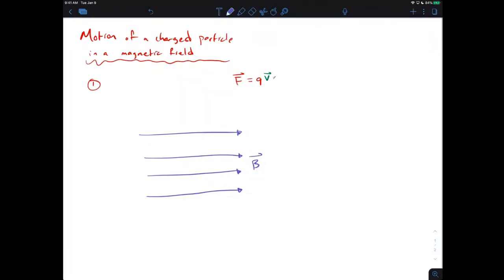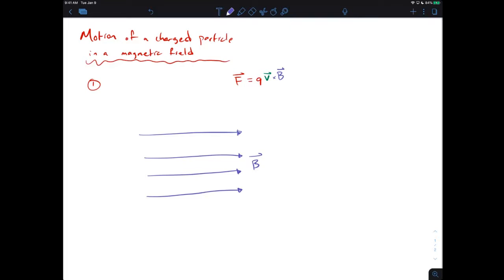So looking here, I'm going to put this cross B, right? So this little cross product is going to dictate what the direction of these two things need to be relative to each other. Okay, so cross product.